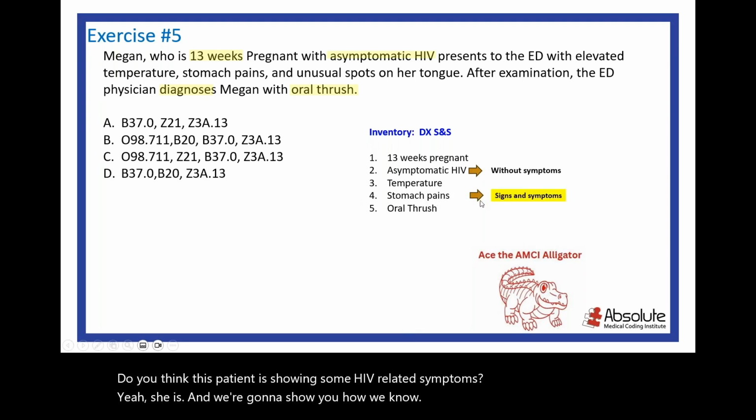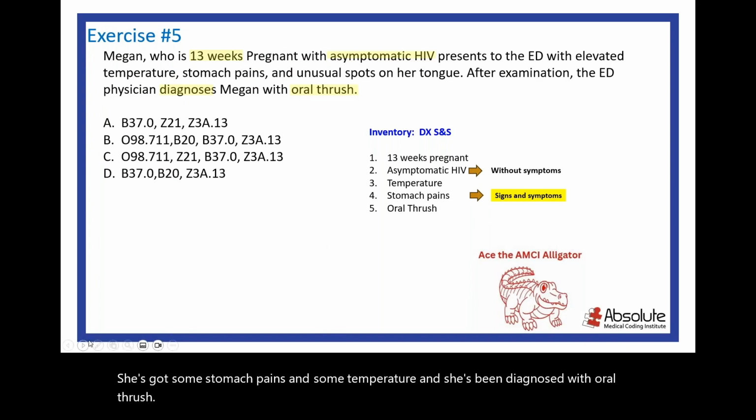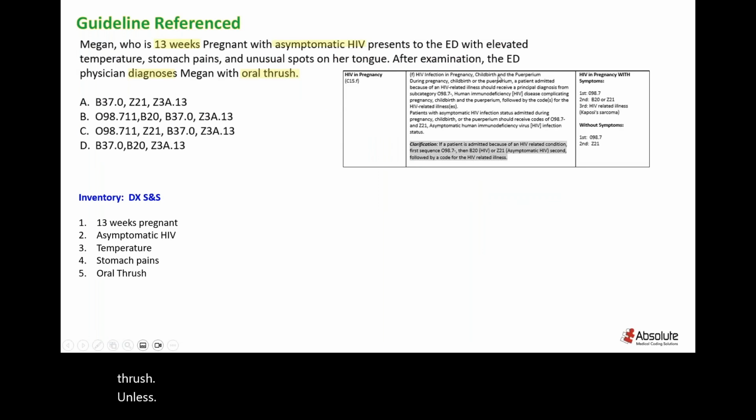She's got some stomach pains and some temperature, and she's been diagnosed with oral thrush. I'm going to go to the HIV and pregnancy section. And it says that if this patient has symptoms in pregnancy, then they are no longer asymptomatic.